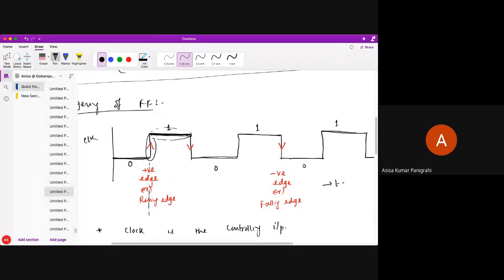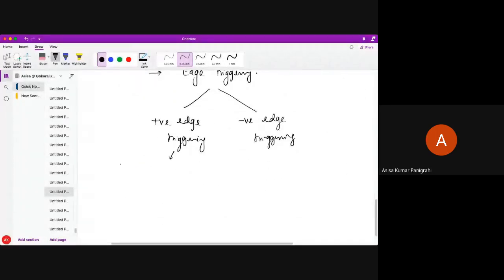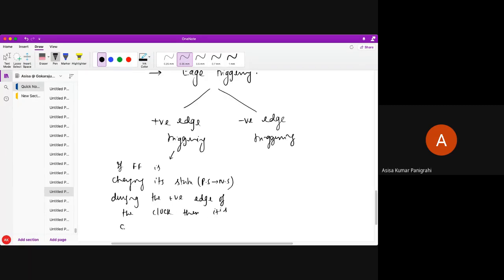So here exactly, if the flip-flop is changing its state, meaning present state to next state, during the positive edge of the clock, which is the state transition from 0 to 1 of the clock pulse, then it is called a positive edge triggered flip-flop. Understand? All of you understand?